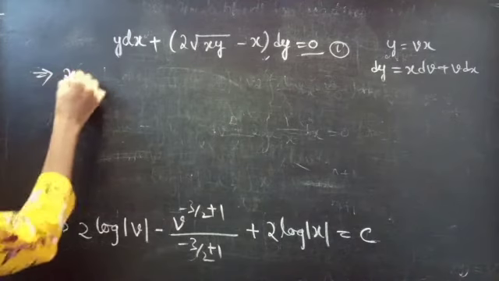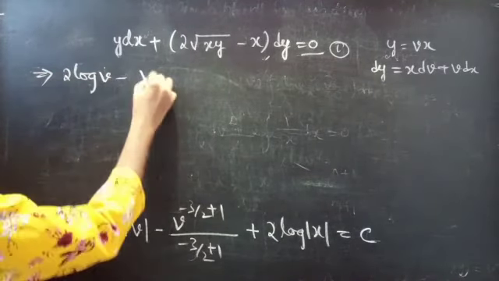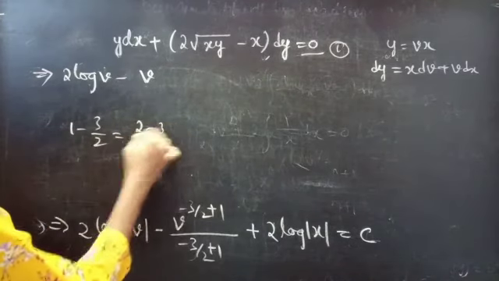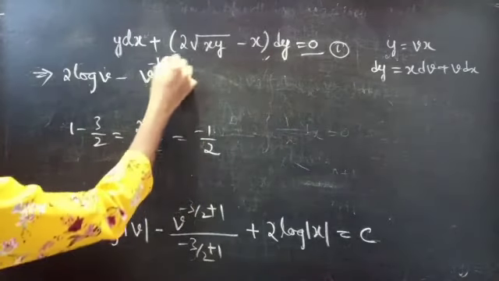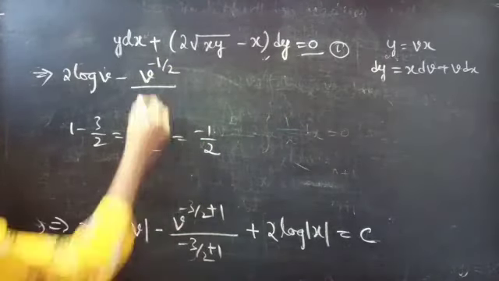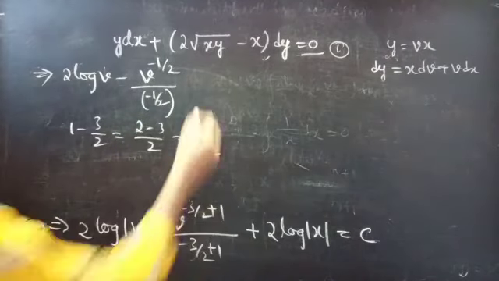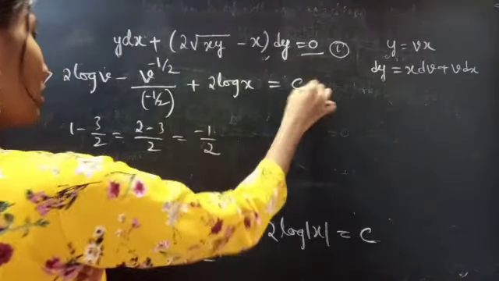Then 2 log v minus v power 1 minus 3 by 2, that is, 1 minus 3 by 2 which is equals to minus 1 by 2. You get v power minus 1 by 2 by minus 1 by 2 plus 2 log x equals to c.